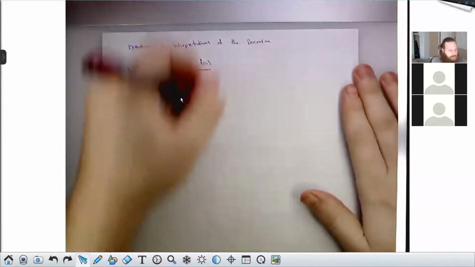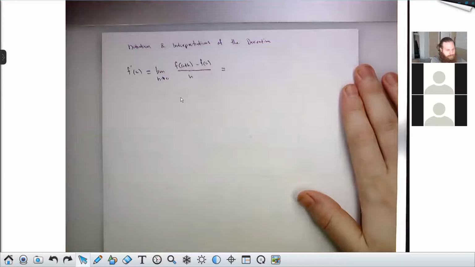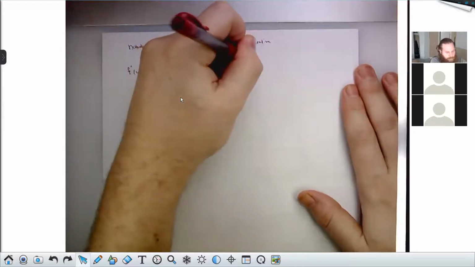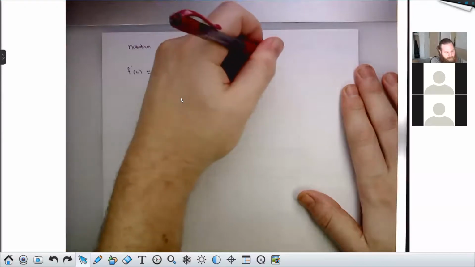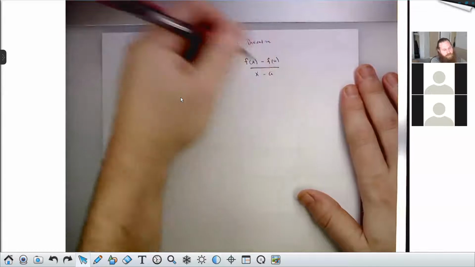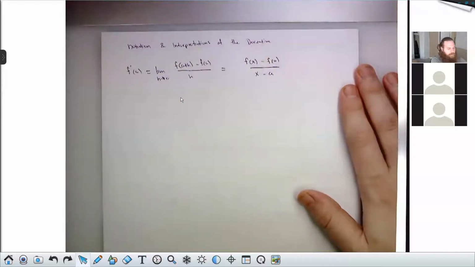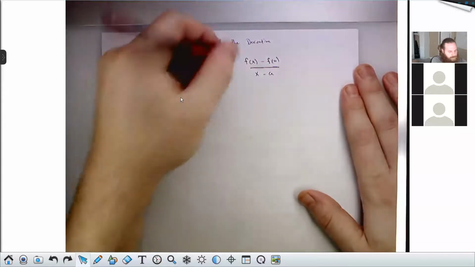Imagine you make the substitution x equals a plus h. Then this would become f of x minus f of a over x minus a. And as h goes to 0, a plus h goes to a.